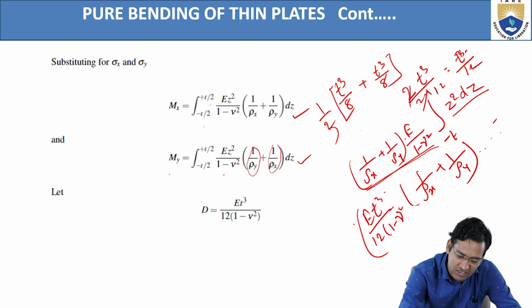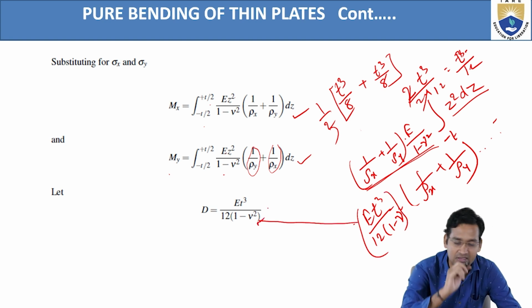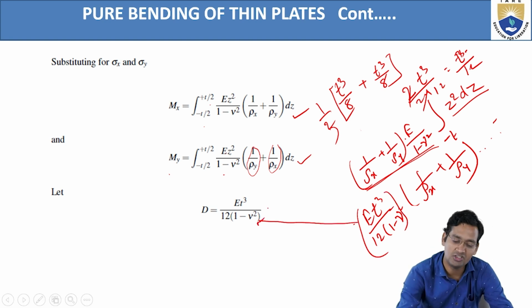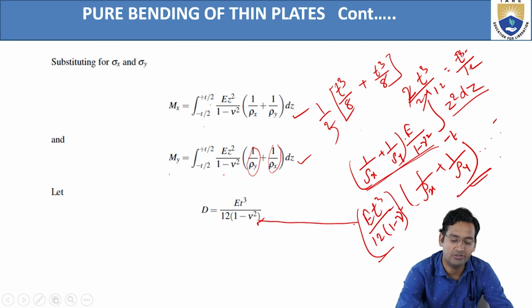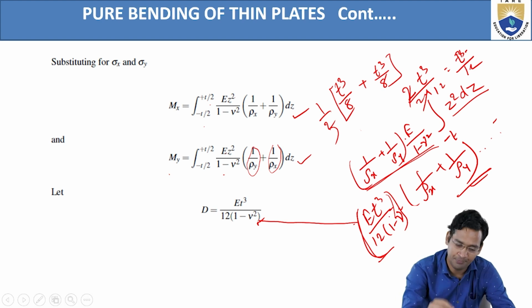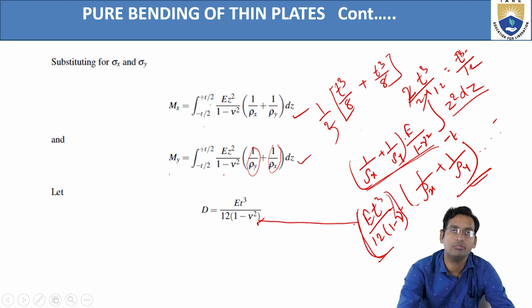This constant term we take as D. So this Mx or My will be D into 1 by rho x plus 1 by rho y. Instead of writing E t cube by 12 into 1 minus nu square, just write it as D, which we can assume as D.